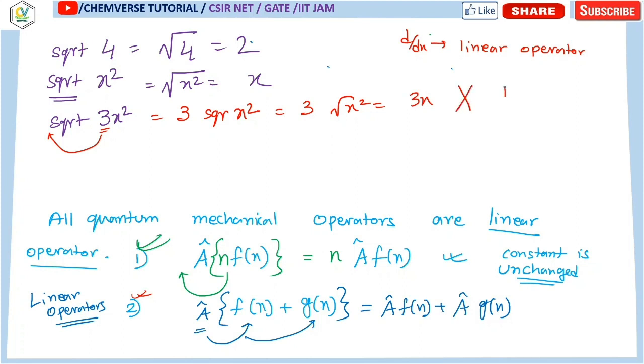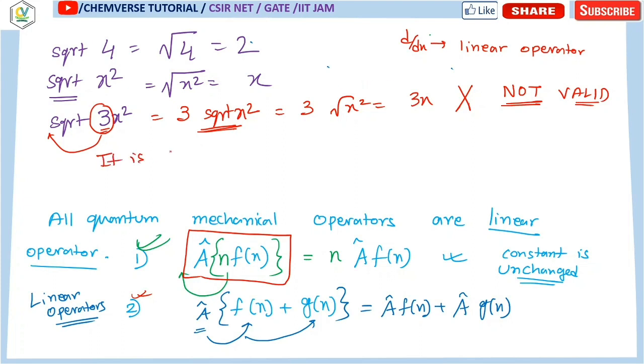This answer is not valid. This is not a valid operation, because for the square root operator, we cannot separate the constant term outside the operator. So the first condition is not followed over here. So the square root operator is no longer a linear operator. It's not a linear operator.